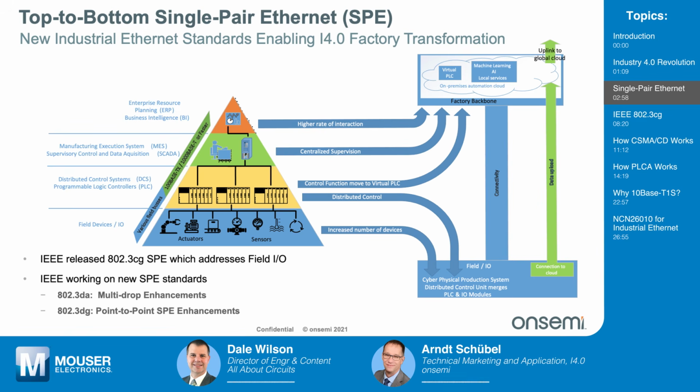Today, this is 802.3cg, the multi-drop short range standard. There is a second one, which is called 10BASE-T1L, for longer range, primarily used for process automation. And there's work going on to even enhance this for more stations on a multi-drop network or longer point-to-point enhancements. Those are being worked on today. The standards haven't been ratified.